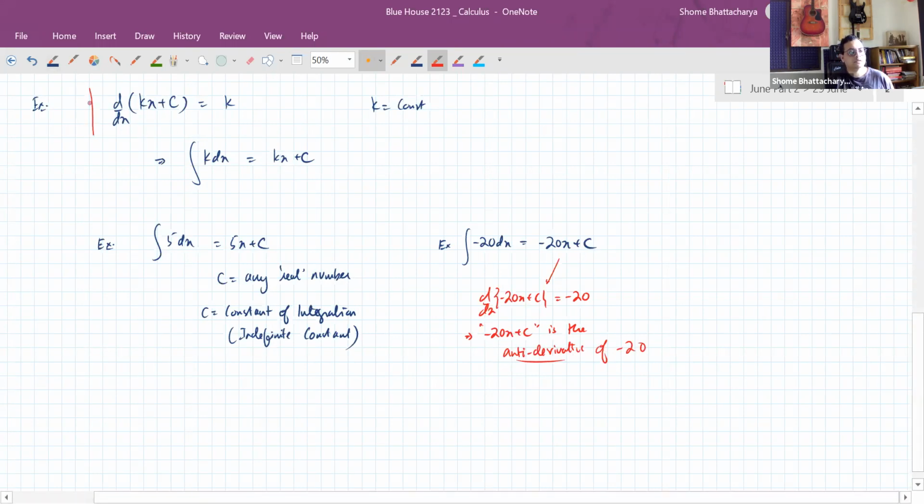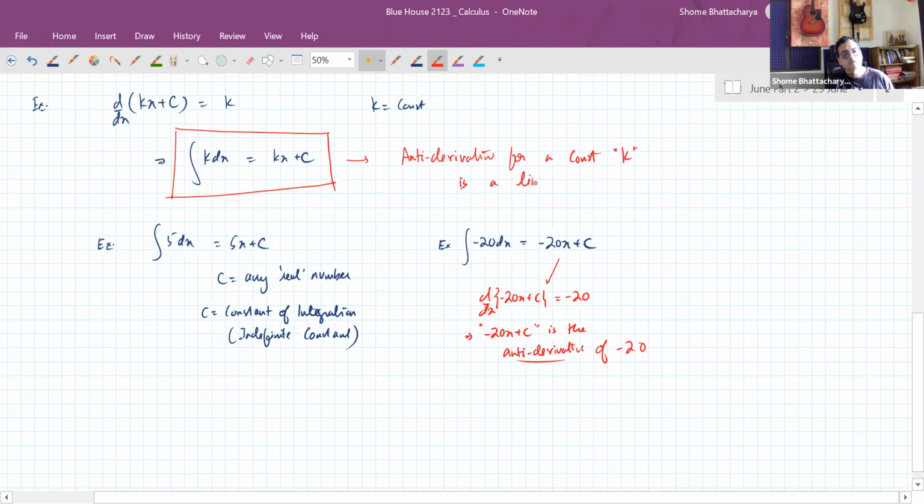So this was the first property that we had seen: the integration of a constant, or antiderivative of a constant, is a linear function. Antiderivative for a constant, say k, is a linear function, kx plus c.